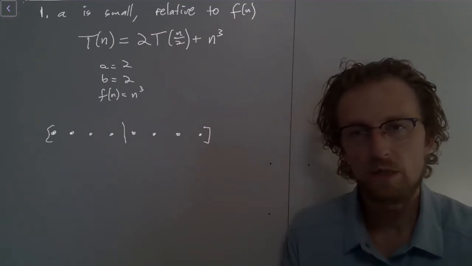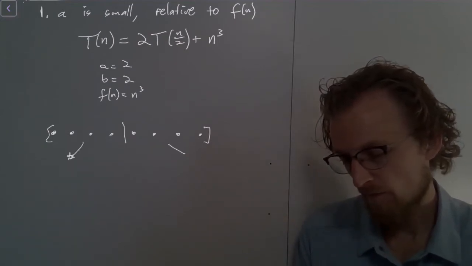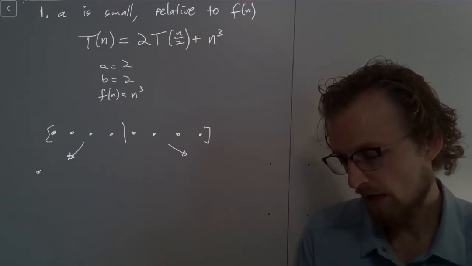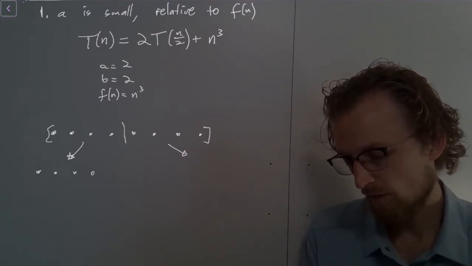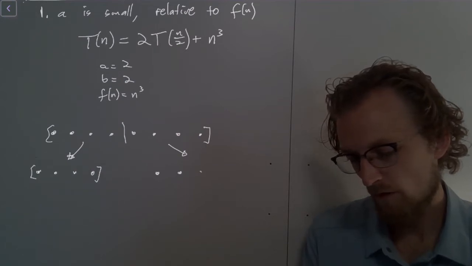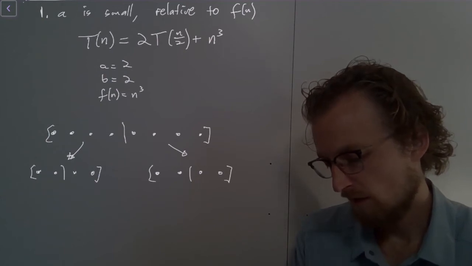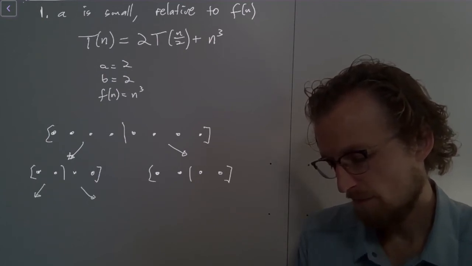Well, what happens is we take the array, we cut it in half, and we recurse on both halves. So then we have 2 arrays of size 4 each. All right, so there's our 2 arrays of size 4. Cut each of those in half. We go process them.